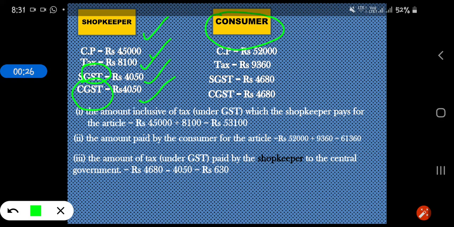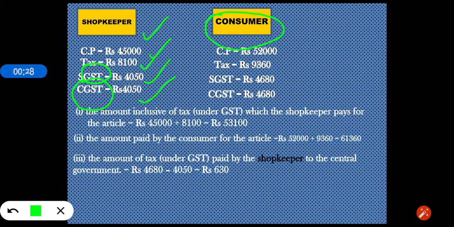And for a consumer, the cost price of an article is 52,000 and the amount of tax is 9,360, which is divided into two equal halves, 4,680 and 4,680. Now this is your output GST and this is your input GST.